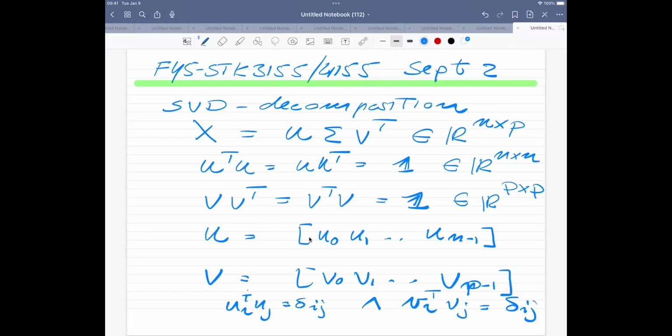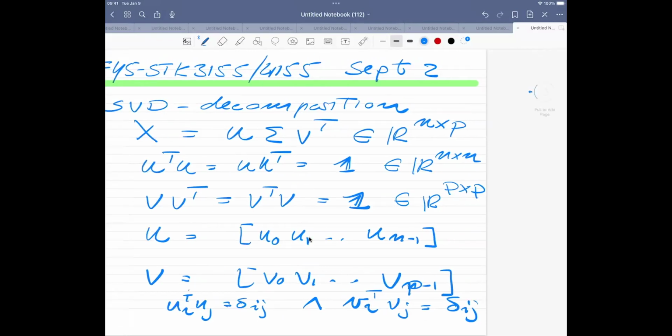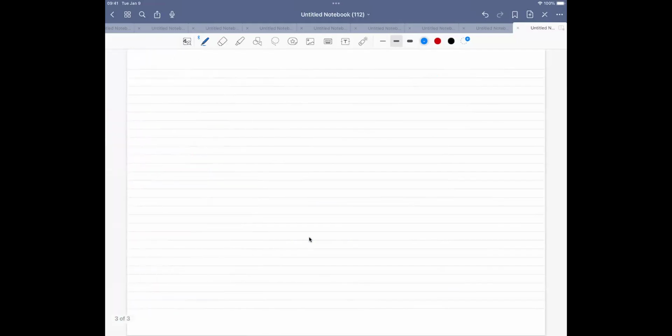So these were the matrices which we discussed, and then we have this matrix which contains the singular values. This matrix contains diagonal elements up to its so-called rank, P, and then the rest are zeros.